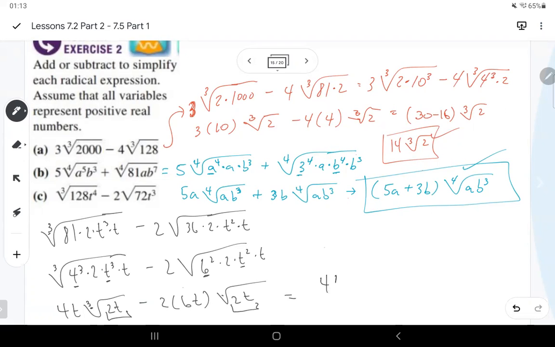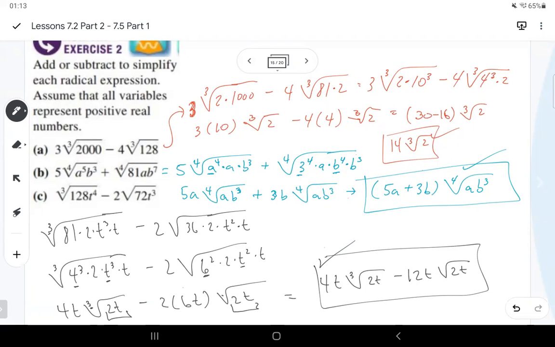So we have 4t cubed root of 2t minus 12t square root of 2t. And that's all we can do there. There's nothing else that will let us continue.